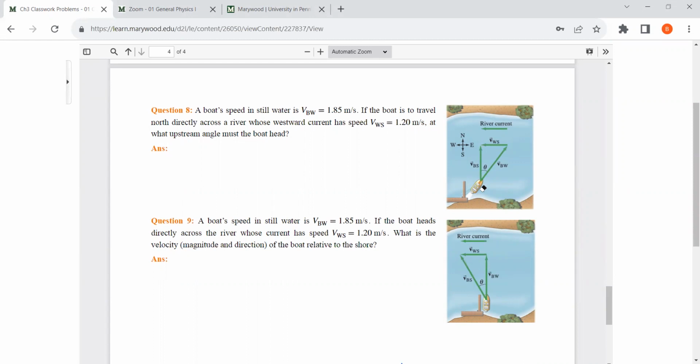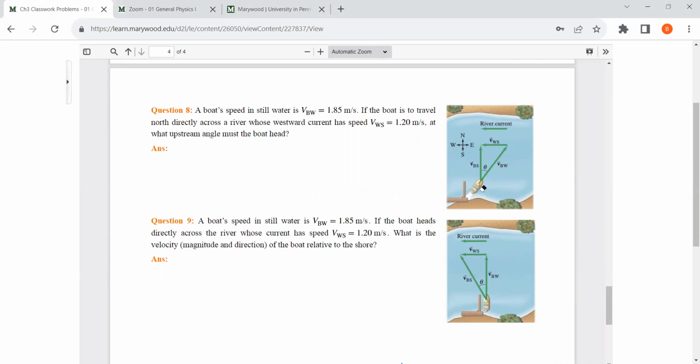This concept is useful when we have two separate velocities acting on something. For example, here on the boat, we have two velocities affecting its motion. One is the river current, and the other is the boat engine's velocity.